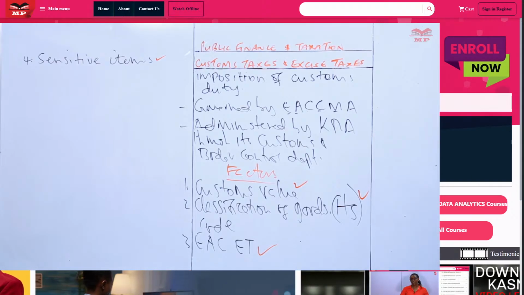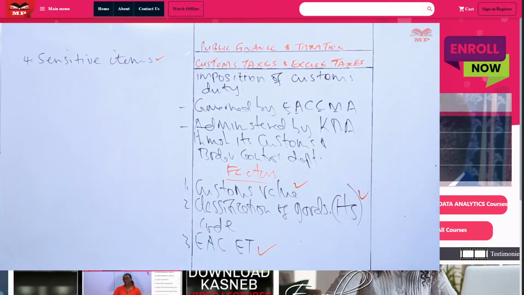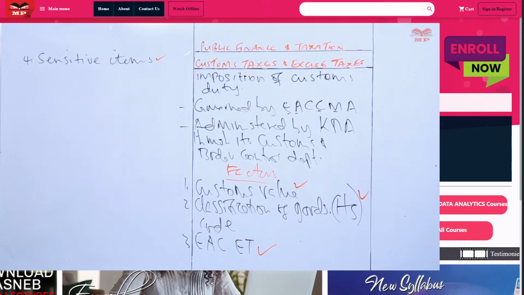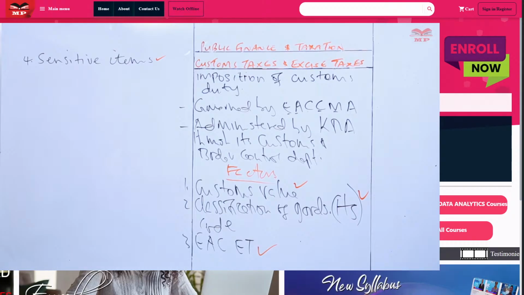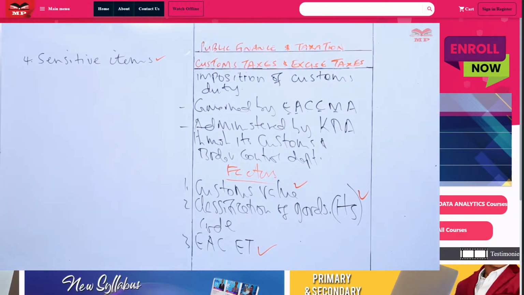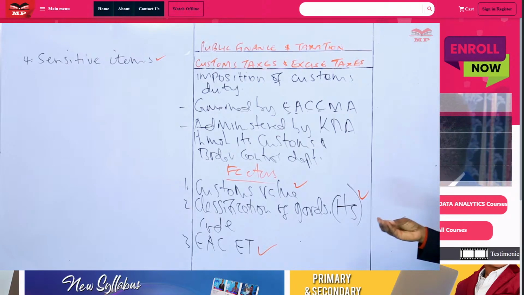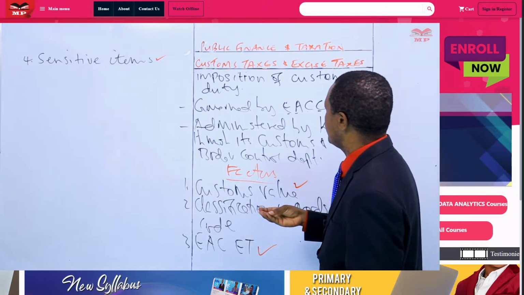Number one, processing the declarations. Number two, verifying the goods. Number three, assessing the applicable duties and taxes. Number four, facilitating the payment and release of the cargo.